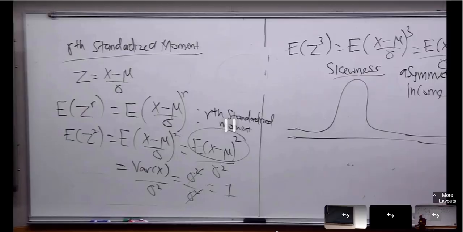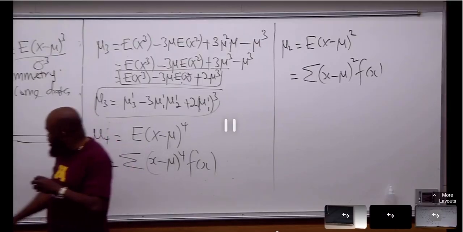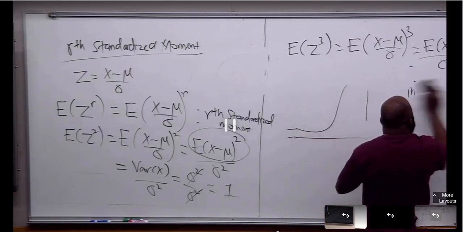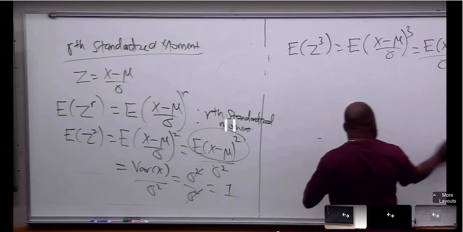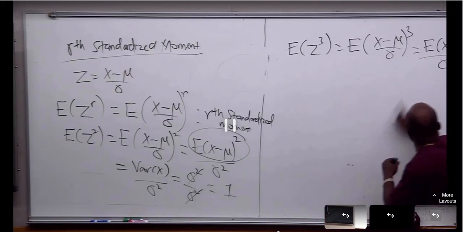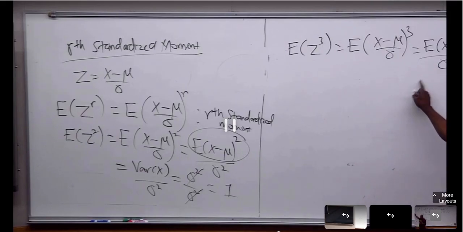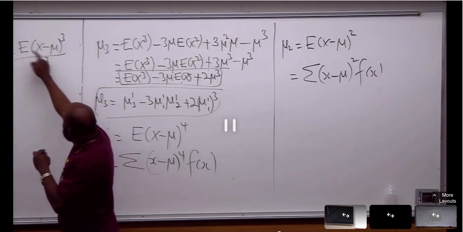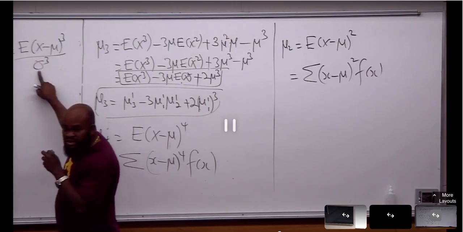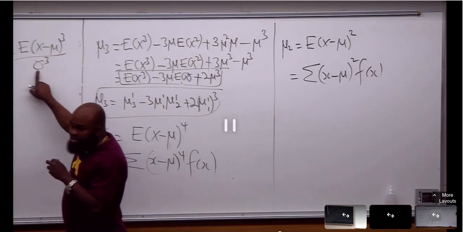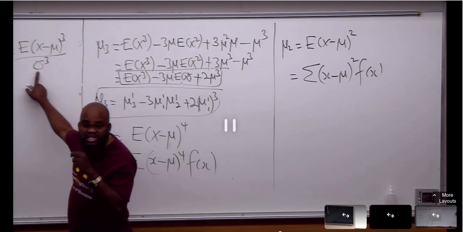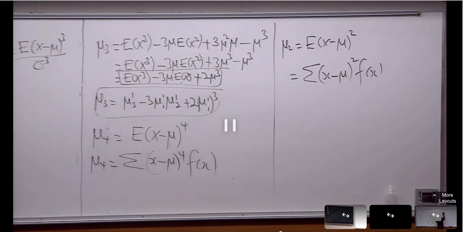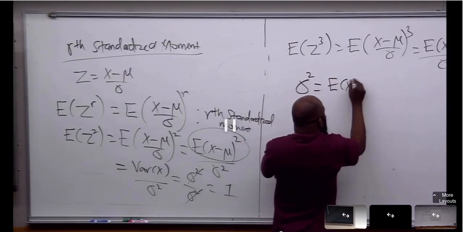Now if I want to find that skewness, mathematically speaking, from a distribution, this is what I need to find. Of course, you know how to get this, and what is this? This is just the cube of the standard deviation. You already know this. The sigma square is this guy, right? You know how to derive that.